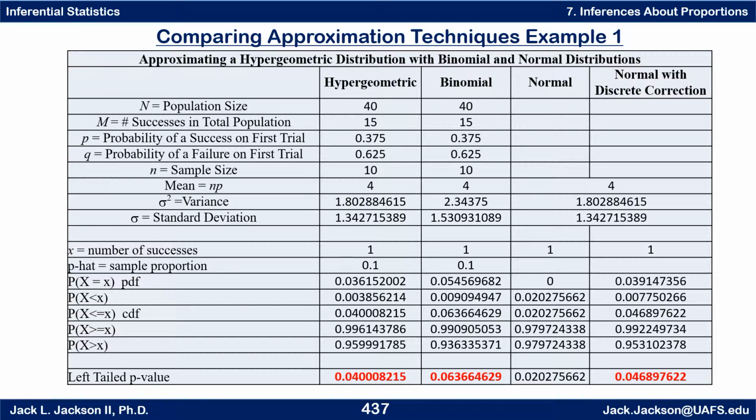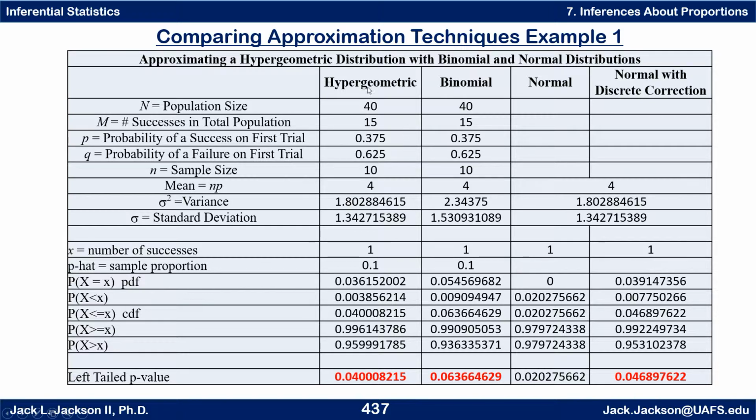That's hypergeometric. So let's suppose we're taking a sample size 10 from a population of 40, where there are 15 successes in the population, and we want the left-tailed p-value for getting one success in our sample of size 10, and that's 0.04 here.